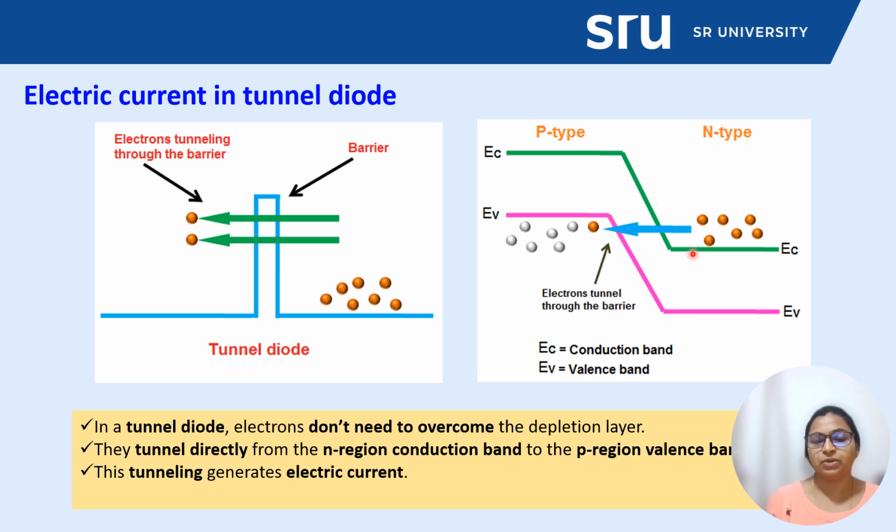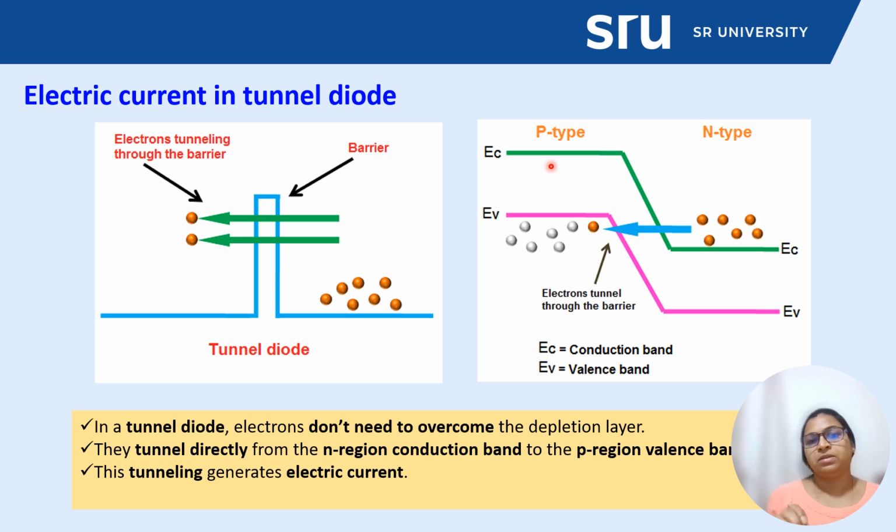So we can say that both the conduction band and valence band energy levels of the N-type semiconductor are lower than the valence band and conduction band energy levels of the P-type semiconductor.